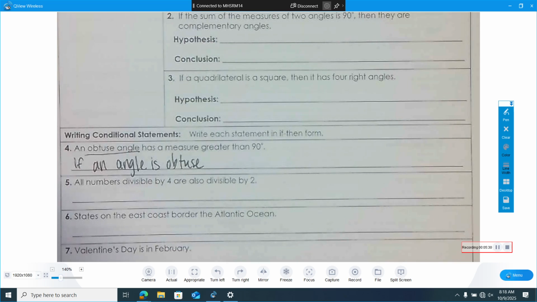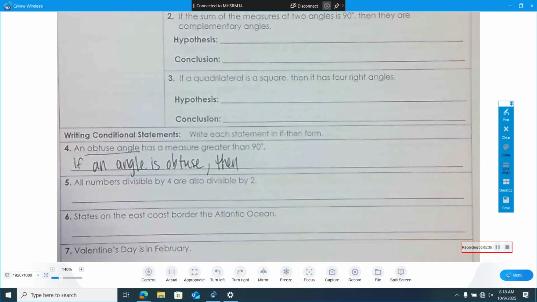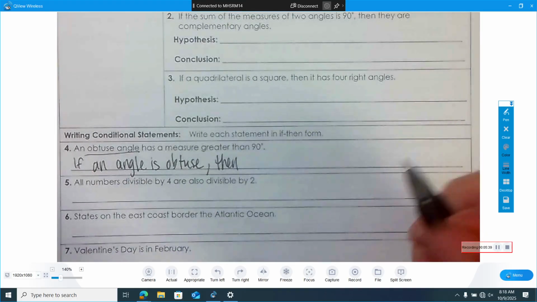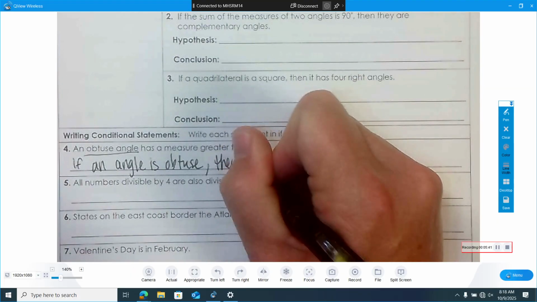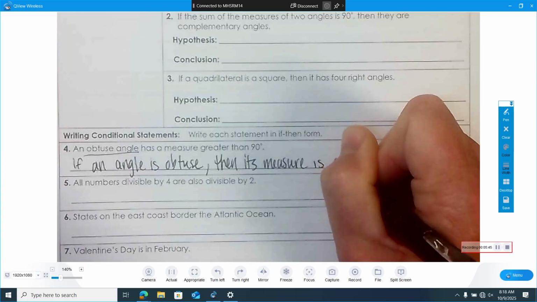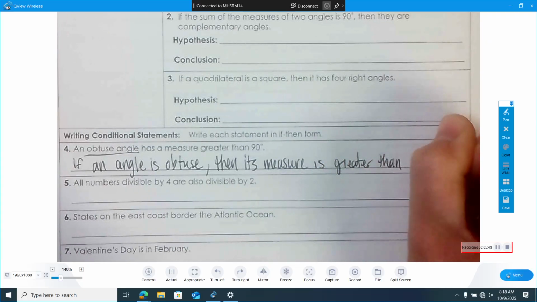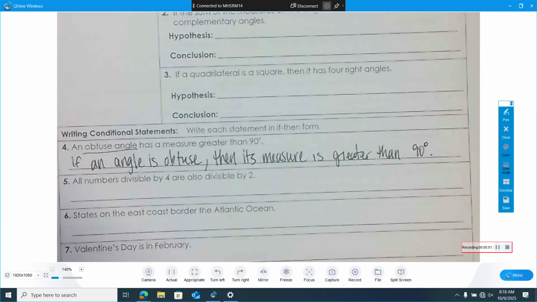If an angle is obtuse, if, comma, then what? Then its measure is greater than 90 degrees. Perfect. Okay.